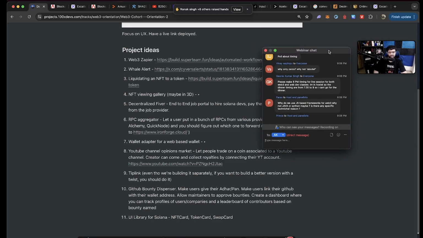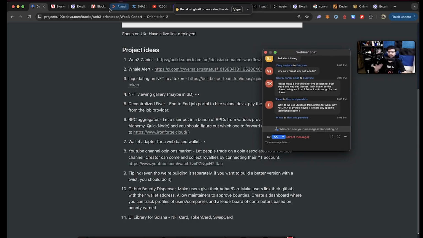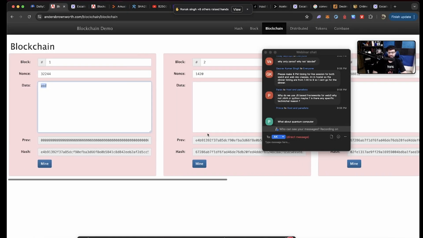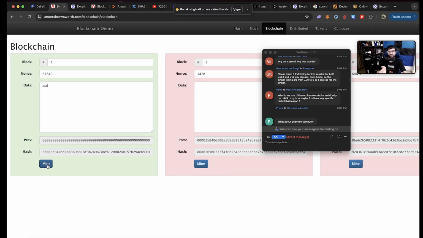Why zeros? Why not ABCDEF? What the Bitcoin founder thought of: he could have chosen ABCDEF, but he just said, okay, the hashes need to start with X number of zeros. Machines will become stronger over time, so the number of zeros keeps increasing as time goes by.